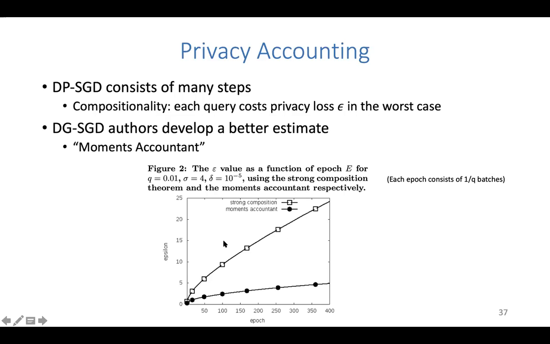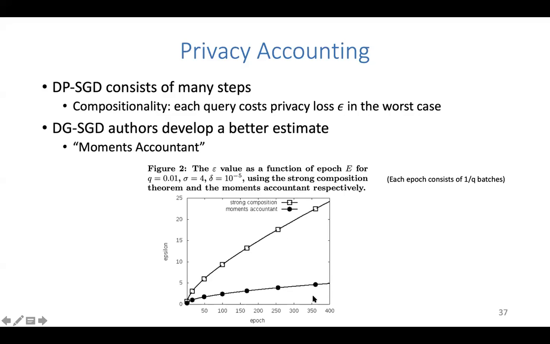But in the DP-SGD paper, the authors came up with a very smart framework called the moments accountant, which gives you a tighter bound, a tighter privacy loss accumulation computation. If you use the moments accountant proposed by the authors, your total privacy loss increases by this curve here, which has a much tighter bound compared to strong composition, which is just simply adding things up. It's like a logarithmic curve here.